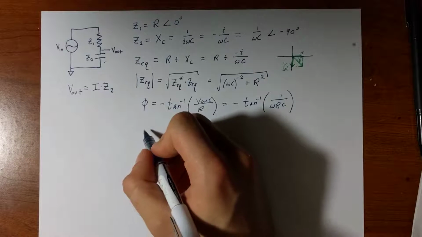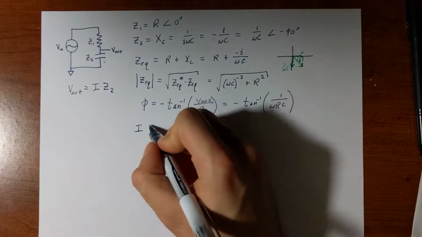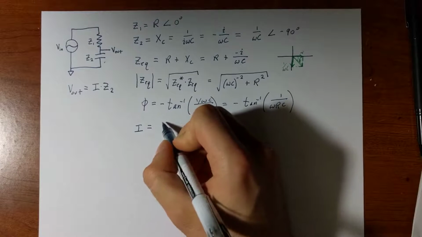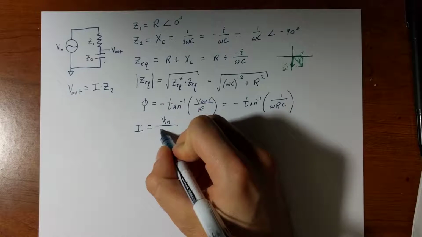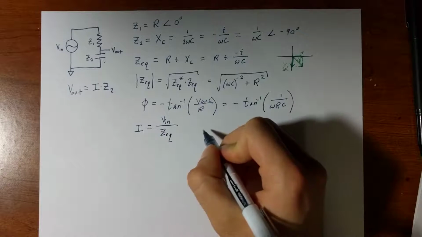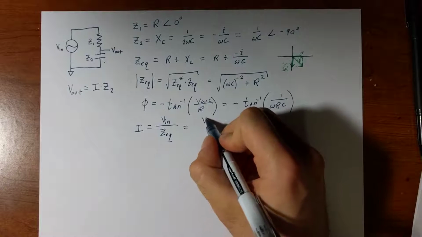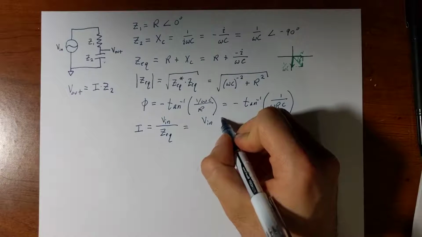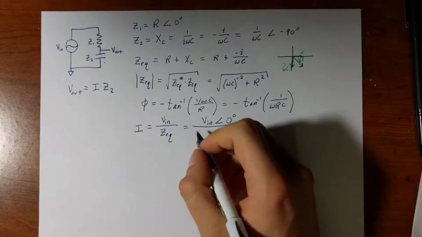So to find the current, well, we said before the current is going to be equal to, from Ohm's law, V in divided by the equivalent impedance. And V in we'll just say is at an angle of 0 degrees, just our reference.